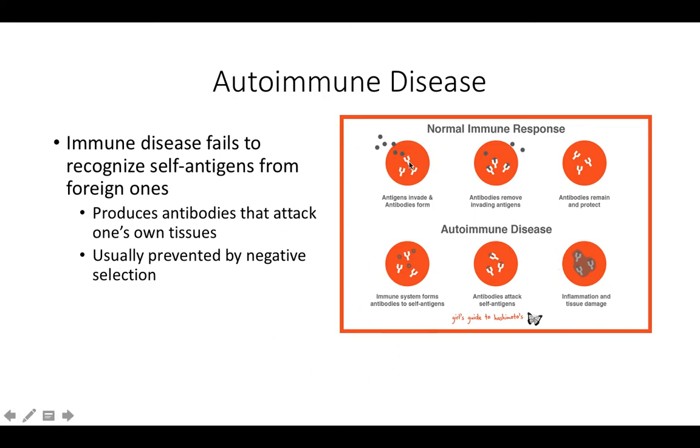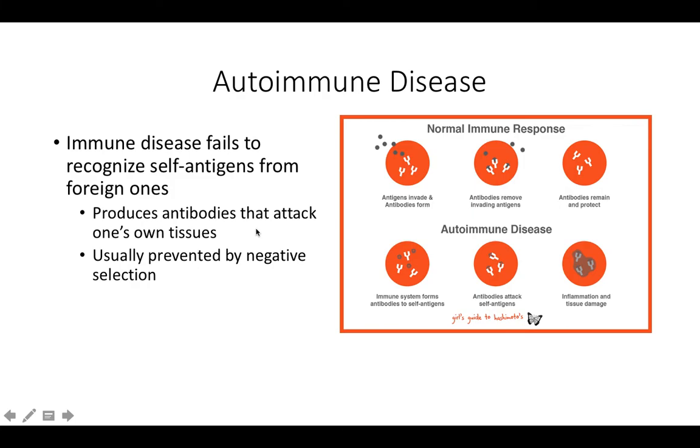So here you have normal antibodies that come into contact with foreign antigens. They bind here, and then they destroy the antigens or mark them for destruction and kind of go on about their business. With an autoimmune disease, you have your own antigens coming into contact with your own antibodies. Those antibodies attack your own antigens, and then you get inflammation and tissue damage.